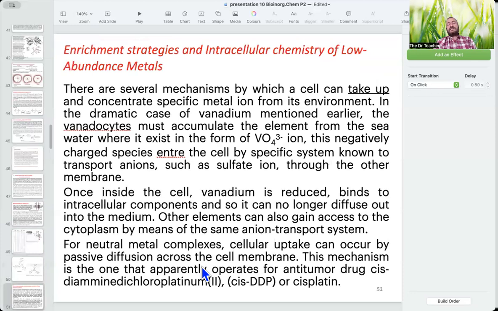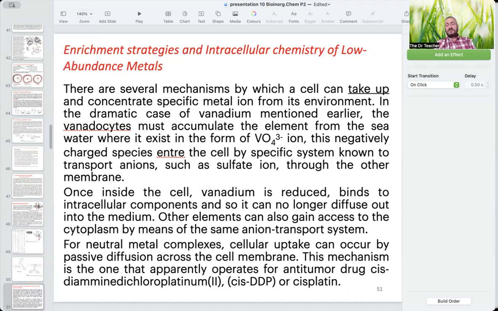Enrichment strategies and intracellular chemistry of low abundance metals. There are mechanisms suggested by which a cell can take up concentrated specific metal ions from the environment, and then how they get inside the cell; vanadium is reduced, binds, and so on.